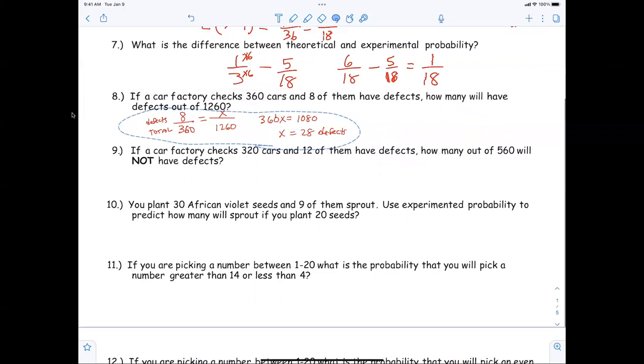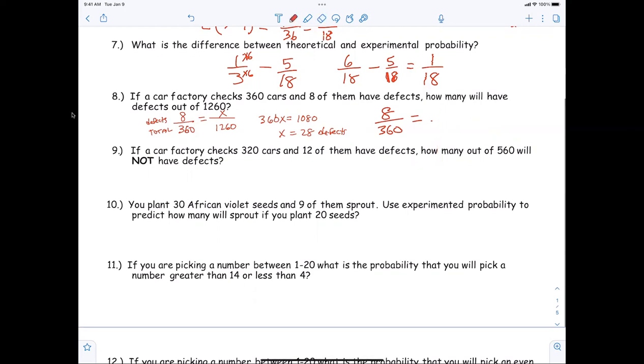Now, what I want everybody to do is take out your handy dandy calculator and tell me what 8 divided by 360 is. Right, 0.022. Now, is that correct?